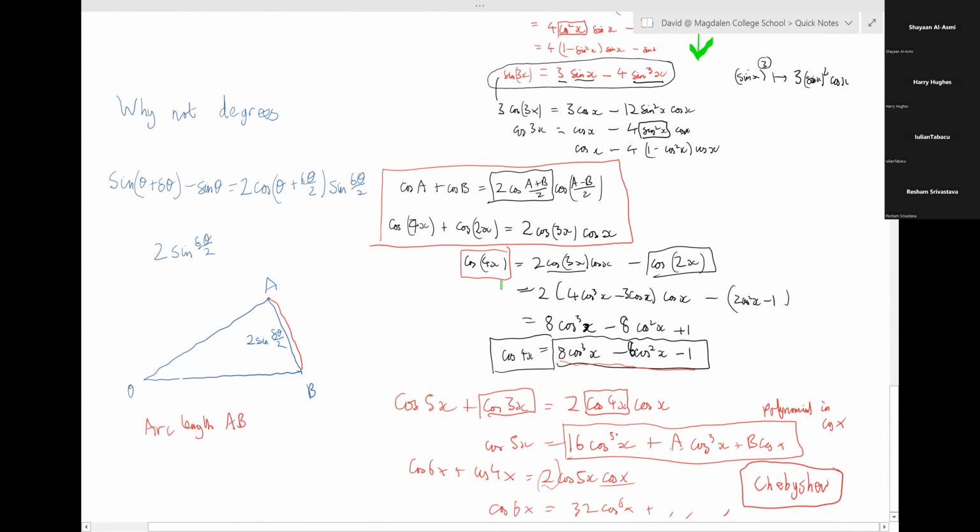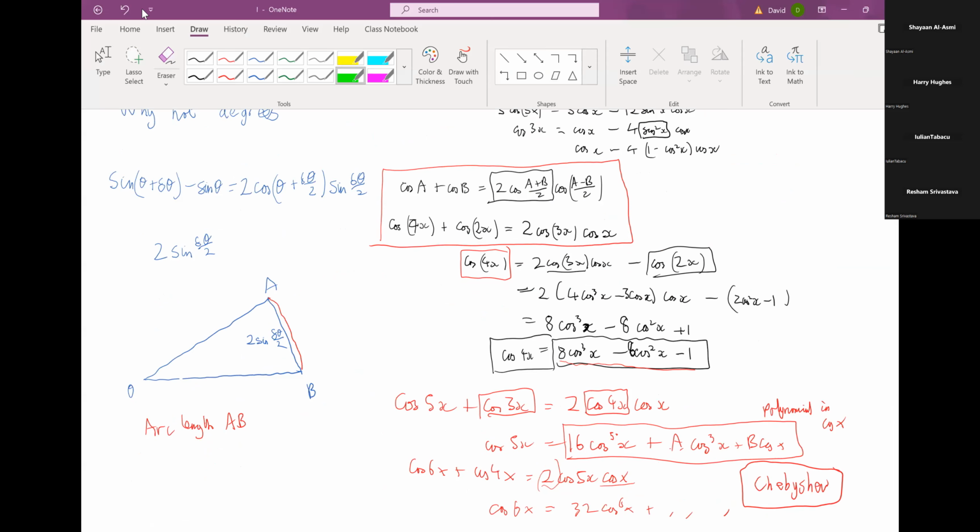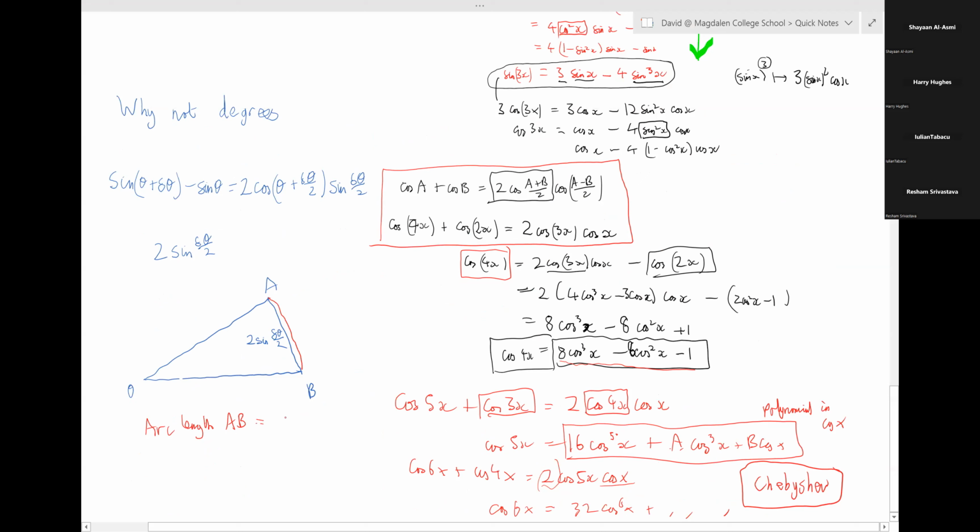So my arc length AB, if I measure stupidly, so if I measure in degrees, is the angle delta theta. And as a fraction of the full circle, that's delta theta over 360. And then I multiply by 2 pi. And so I get pi delta theta over 180.